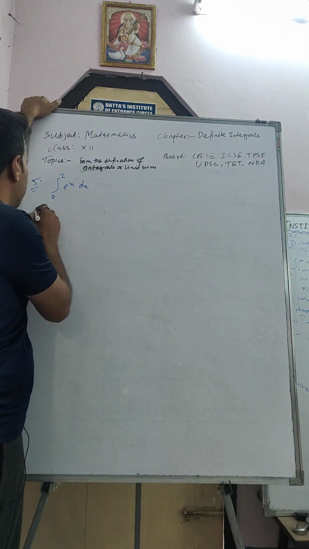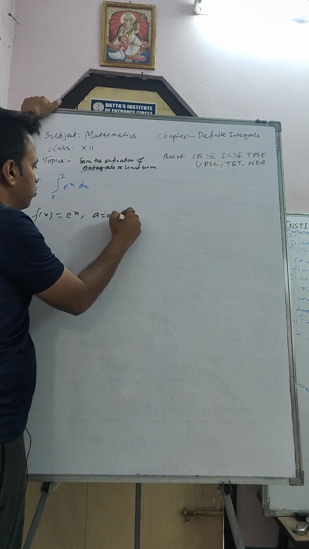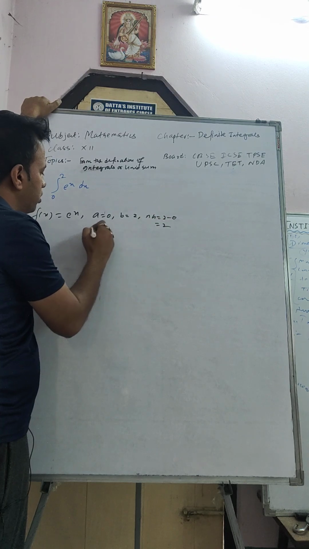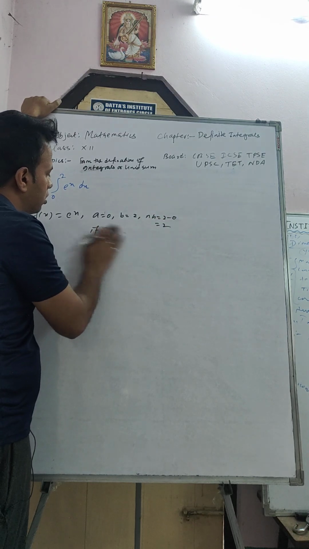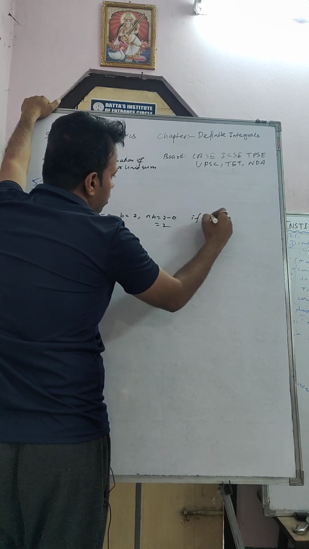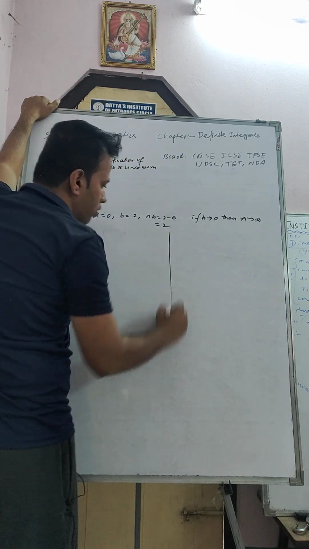So here again, f(x) is what, sir? a to the power x. Here a equals 0, b equals 2, and nh is equal to 2 minus 0, which equals 2. If h tends to 0, then n tends to infinity. This is common for all.